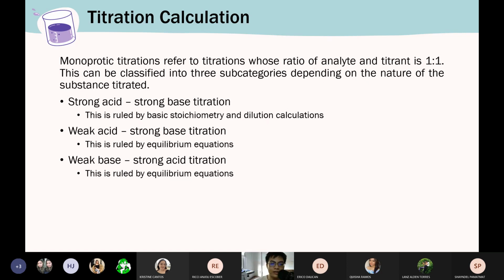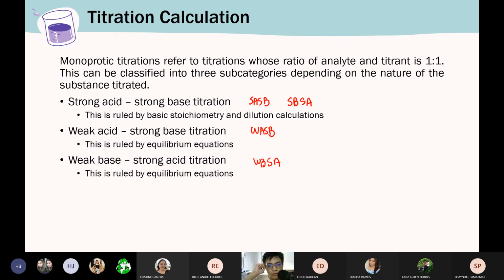Okay, we can have the strong acid, strong base titration or the strong base, strong acid titration. Parehas lang yan. Halos. We abbreviate it as SA-SB. Pwede rin SB-SA. Pwede sila magkabaliktad. We have the weak acid, strong base, and the weak base, strong acid. Okay, so those are the 4 types of monoprotic titration.